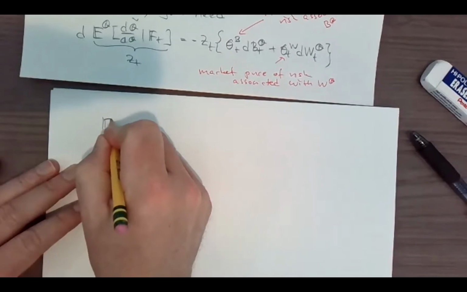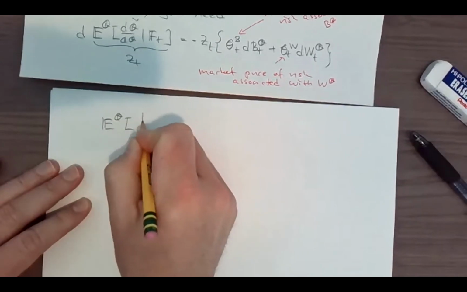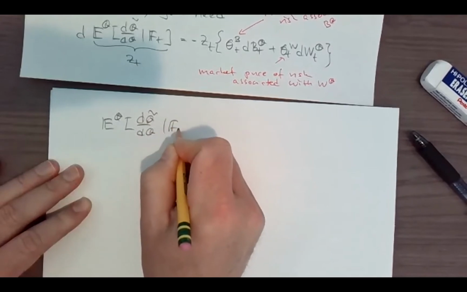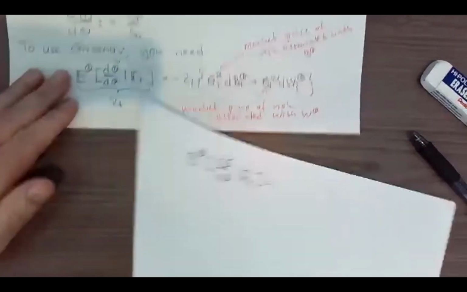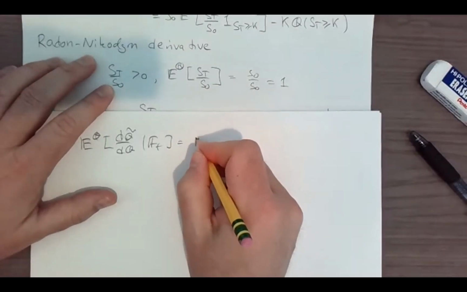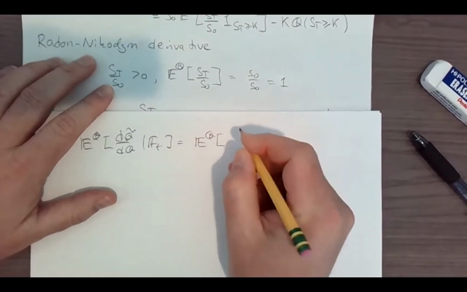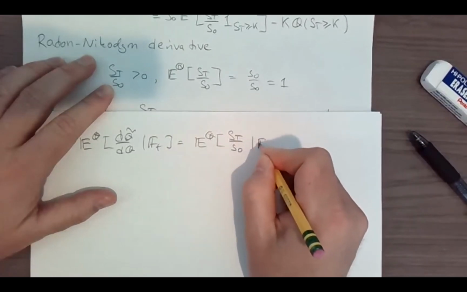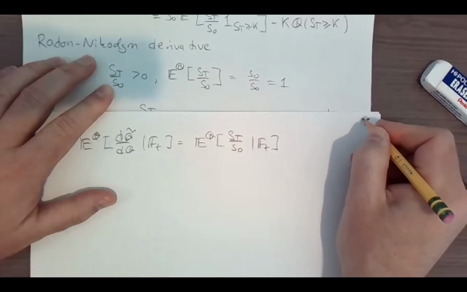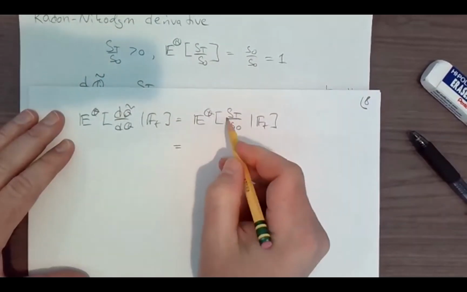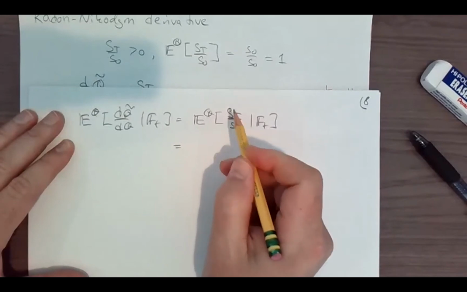The conditional expectation of dQ tilde over dQ given F_t, well, we use the formula. It's S_T over S_0, given F_t. And S_T here again, this was a martingale.